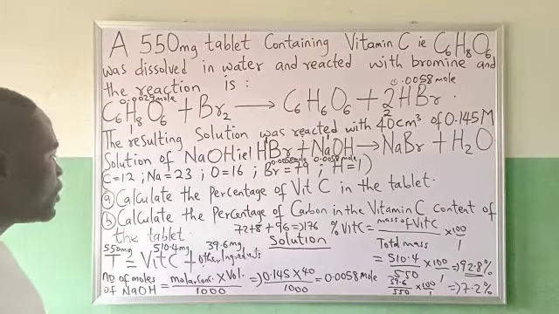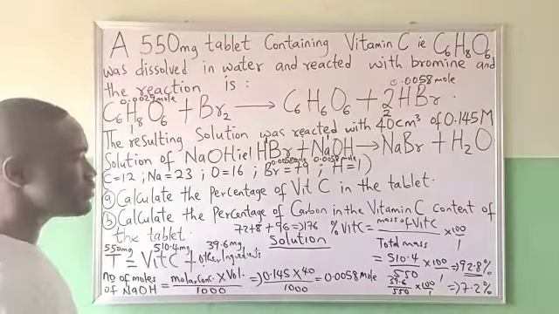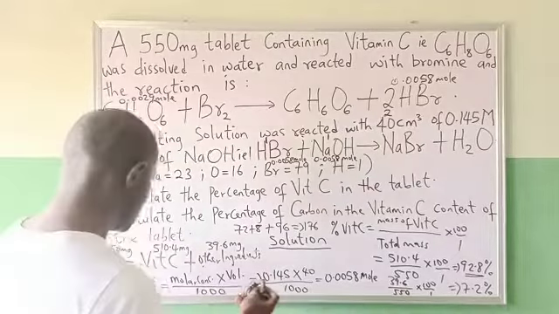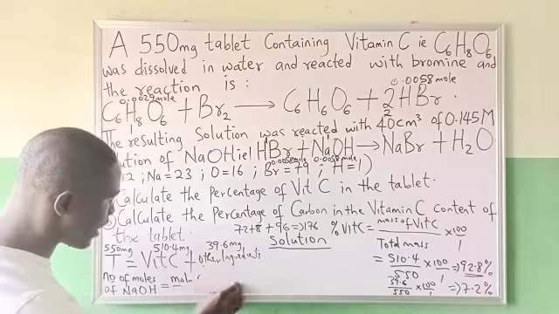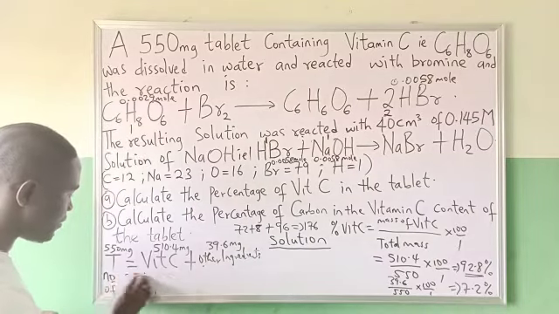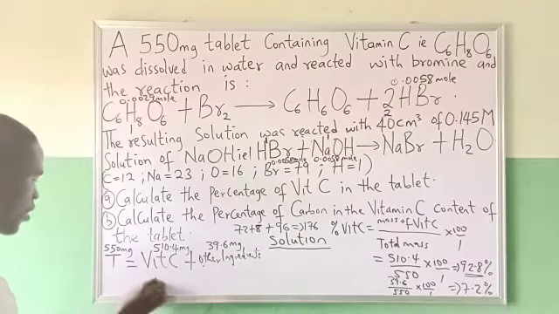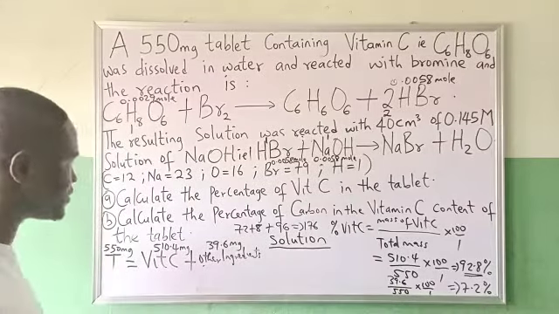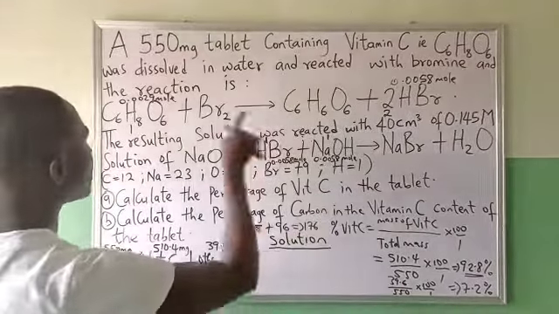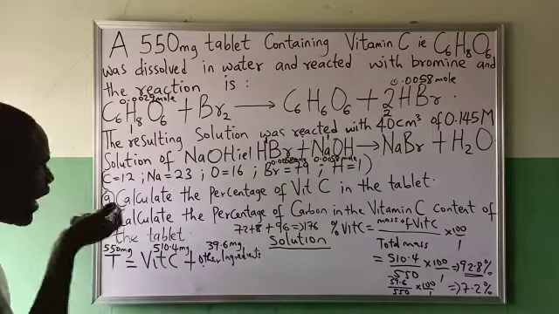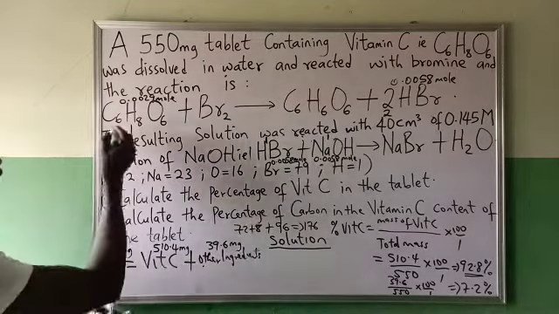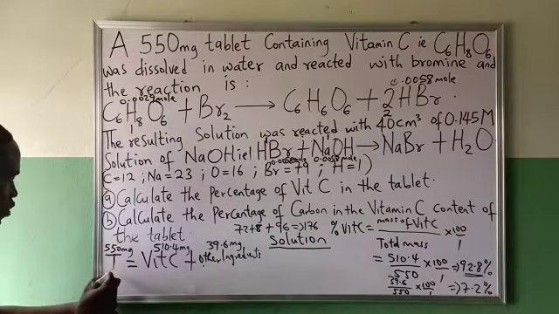B says calculate the percentage of carbon in the vitamin C content of the tablet. Let's see how to calculate it. All you need to do first: in vitamin C, how many carbon does it have? 6 carbon. The atomic mass of carbon is 12. 12 times 6 will give you what?